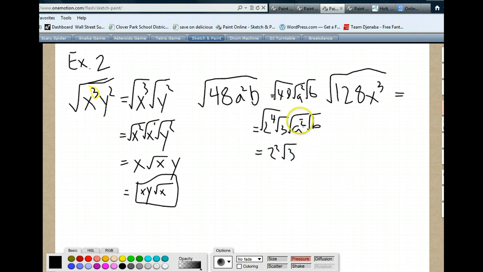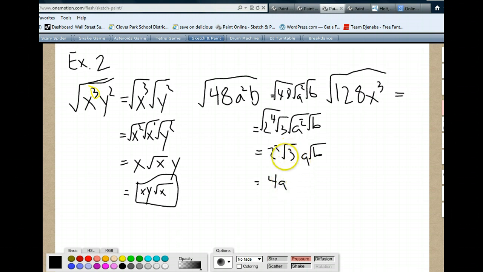A squared goes to a, and b, I can't do anything, so he stays. Okay, now let's just clean it up. We're all done. So 2 squared is 4. Bring that a out in front.